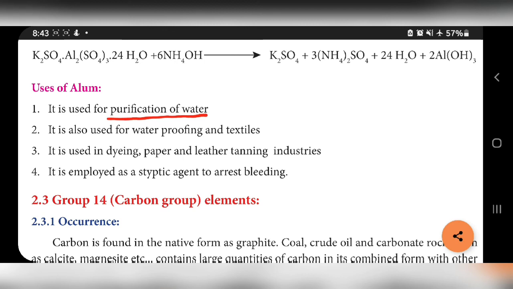In waterproofing and textiles also it is used, and in purification of water also alum is used. These are the uses of alum.